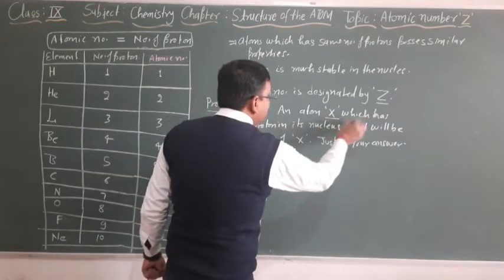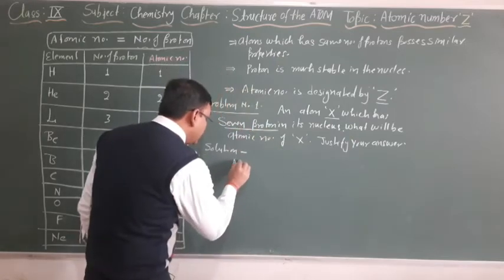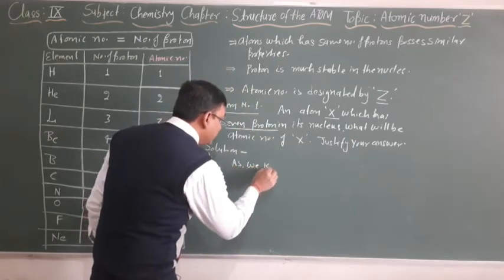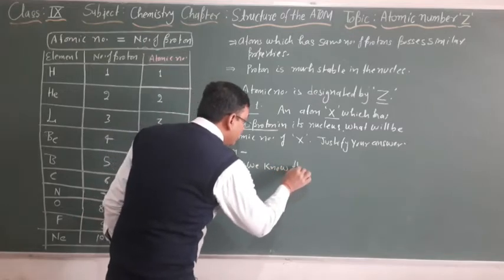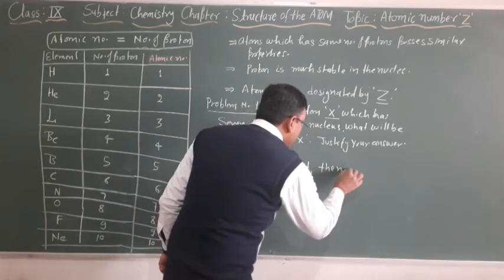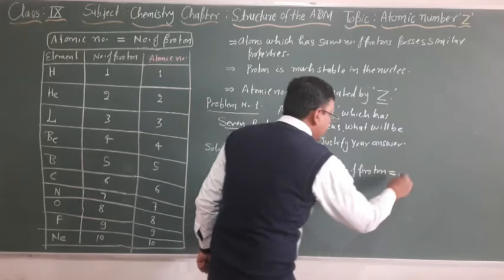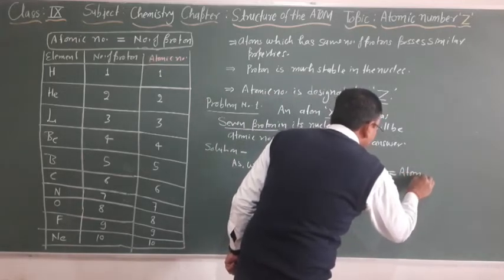An atom X has 7 protons. As we know, the number of protons is equal to the atomic number.